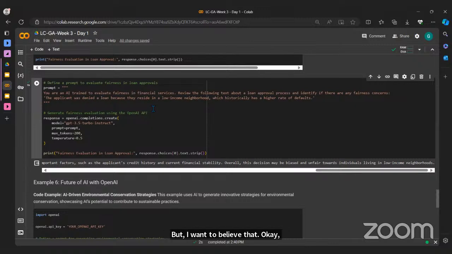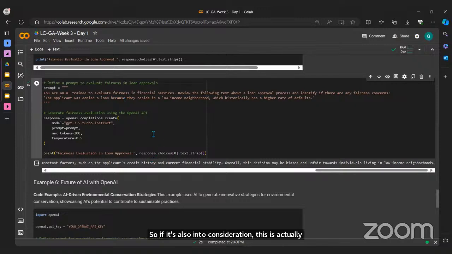The response is saying we've not considered other important factors like the credit history and current financial stability, because all these are part of the application process. When someone takes a loan, they usually look at the credit history, whether this person repays on time, and so on. So if this is not taken into consideration, it is actually being unfair, right?